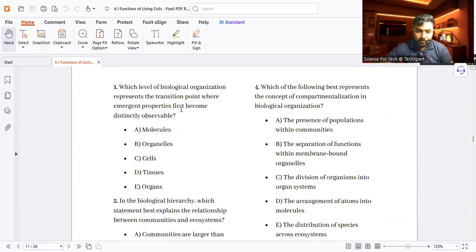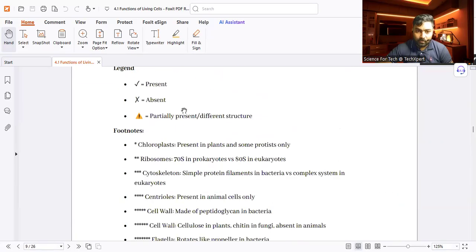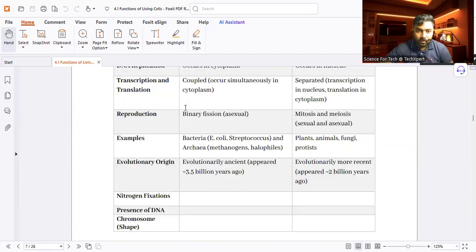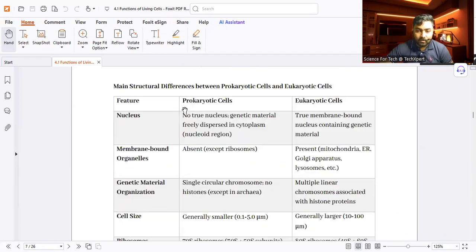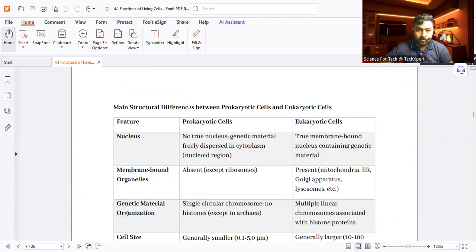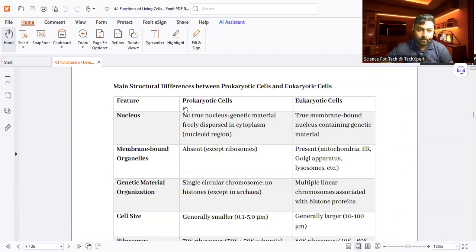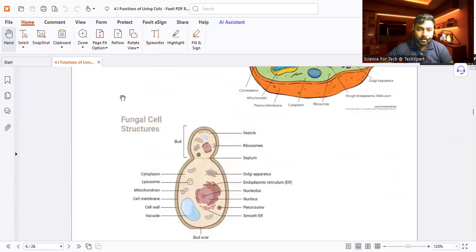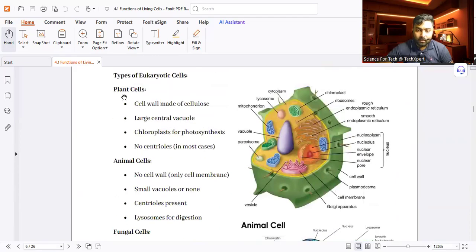We have to do some MCQs today. I will give you a discussion for not every MCQ, but I will provide three, four discussions. So at home you can write the discussions for every MCQ. Then I will tell you how to write that. Then we talk about some of the organelles, no?